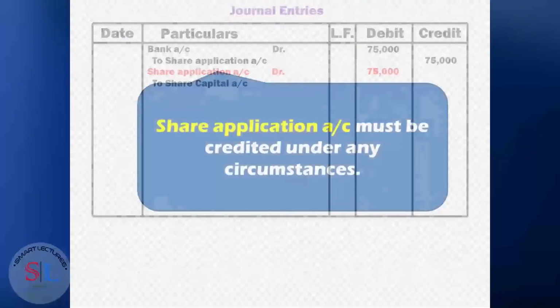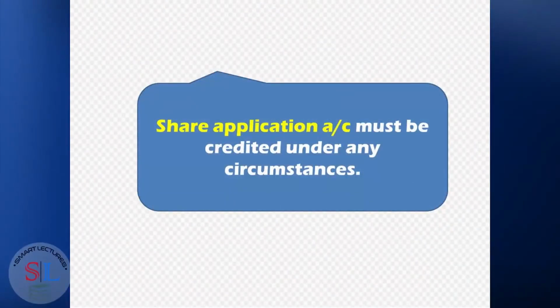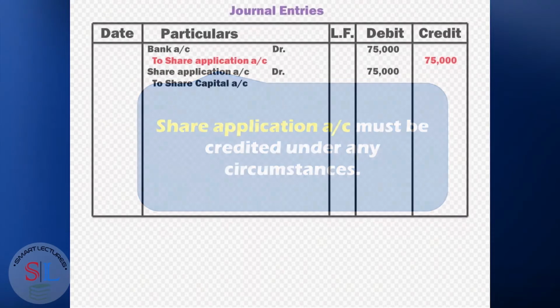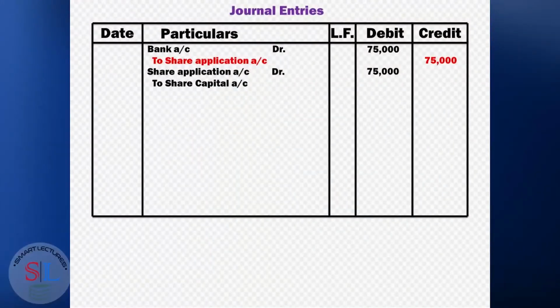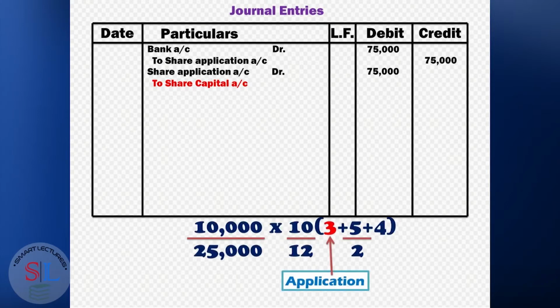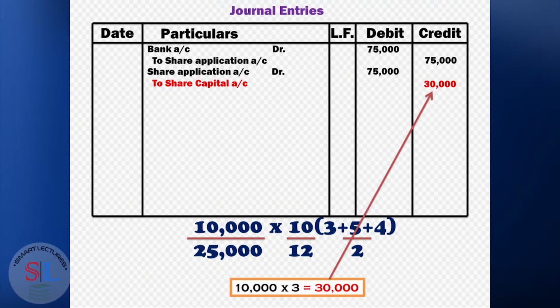Share application account was credited by 75,000. Now it has been debited by 75,000 rupees, to share capital account. So how much money can be credited as capital, because application was for rupees 3? The capital will be credited on 10,000 shares, 10,000 into 3, 30,000 rupees.